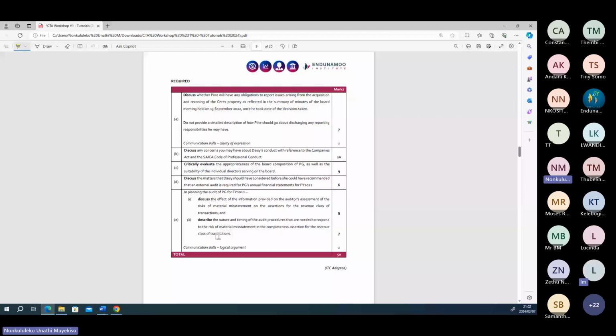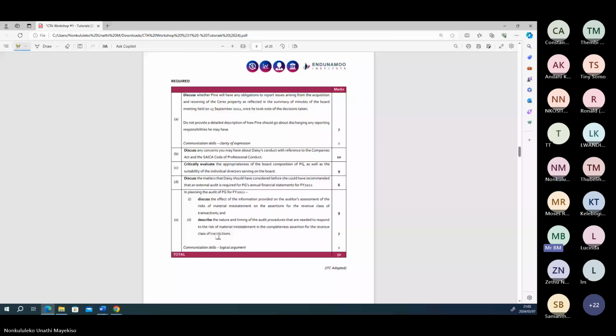That is the extent of testing. Okay, I see. You're going to choose a sample based on a higher risk or a lower risk. So when the risk is high, your sample will be high, and when the risk is low, your sample will be low. When materiality is low, your sample will be high, and when materiality is high, then your sample will be low. Okay, got that, yes.